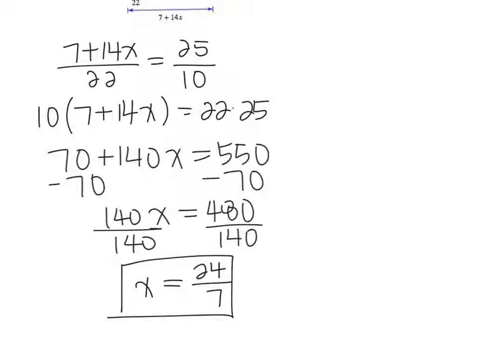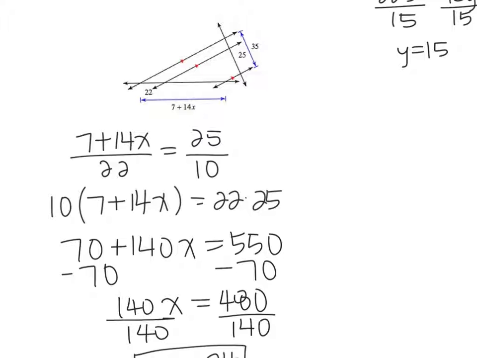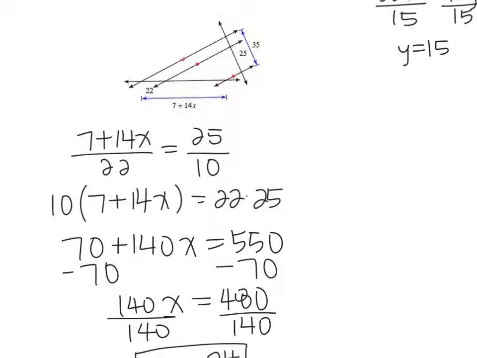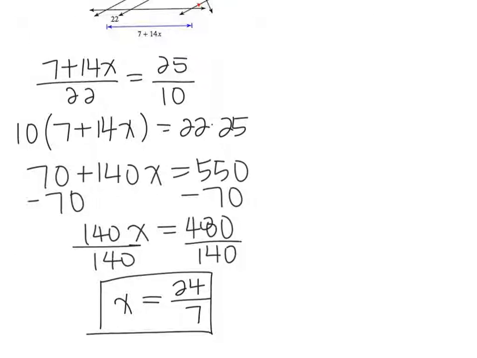So that is the length of x, but we want to find the length of the side, so we can then plug that in. So we get 7 plus 14 times x, which is 24 over 7. So we end up with 7 plus, and I'm going to go ahead and do the division first.